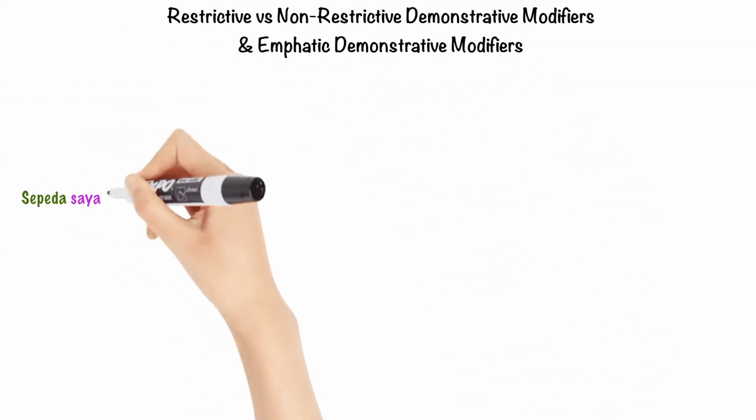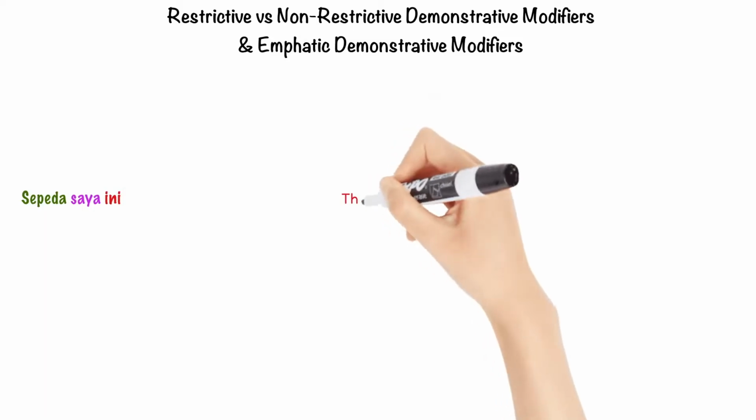Now, let's have a look at this phrase. Sepeda saya ini literally means this my bicycle, but the phrase this my bicycle would be incorrect in English, since we don't put a possessive article and a demonstrative article together in English. It should be either this bicycle or my bicycle.